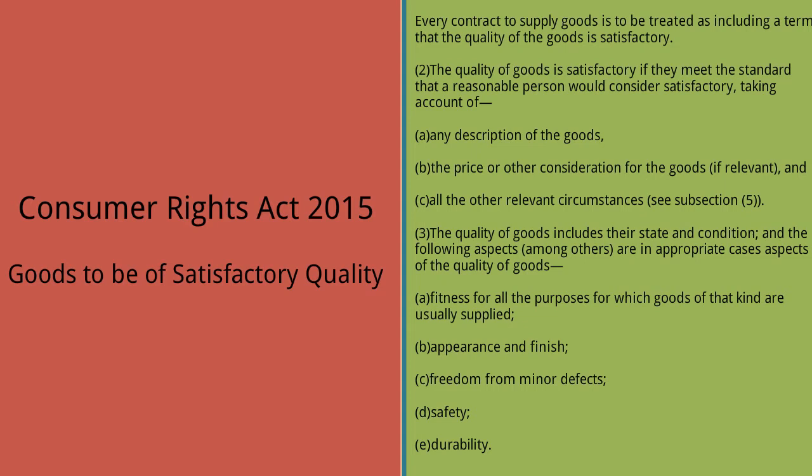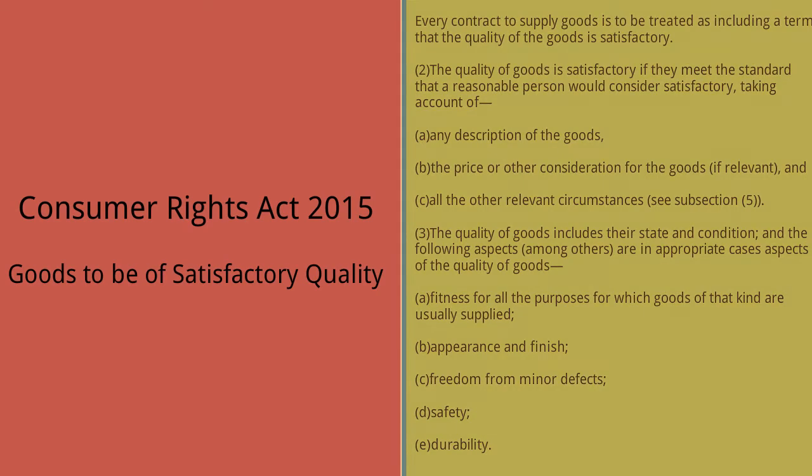So the quality of goods is satisfactory if they meet the standard that a reasonable person would consider satisfactory, taking account of any description of the goods, the price or other consideration of the goods, and all of the other relevant circumstances. So again, the goods must be of satisfactory quality.